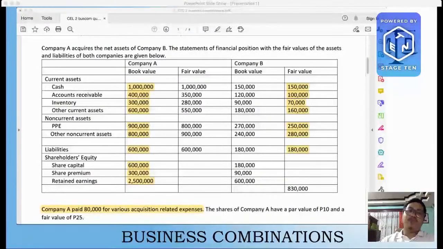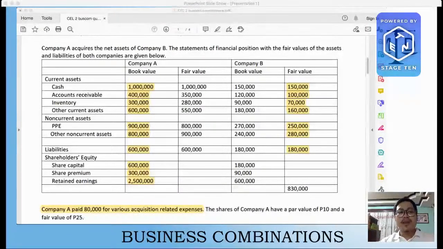So even if you correctly compute the combined individual assets of the acquirer and the acquiree, you could get combined total assets wrong if you forget to include the resulting goodwill. Do not forget that goodwill is an asset and it should be recognized by the surviving entity.